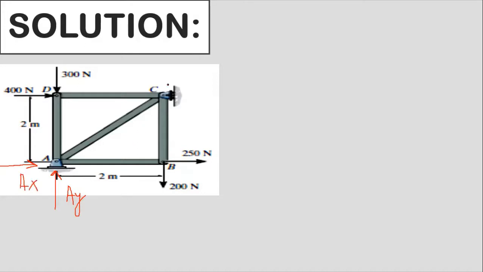At a roller support we only get one component, and here it lies on the horizontal axis, so it should be CX. I will write CX here. You can see there are some external loadings here, horizontal and vertical: 400 Newton, 300 Newton, 250 Newton and 200 Newton.